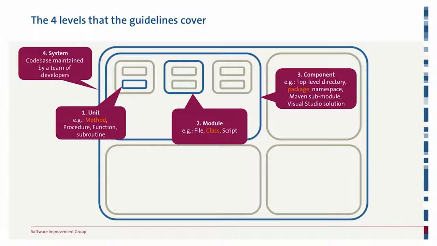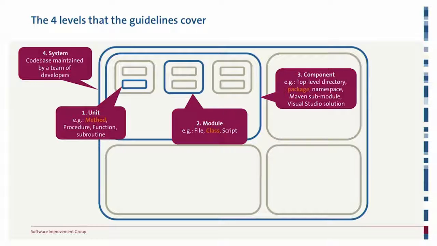The units are the first level that we see in a system, and there are a few guidelines that we have for this level. These units then are normally further grouped in what we call modules. So that can be a file, that can be a class with multiple methods, that can be some script.